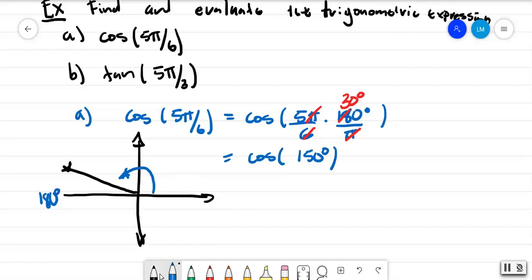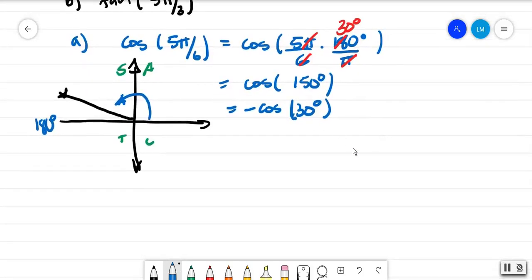So in this case, this is going to be equal to cosine of, so you take 180 minus 150, so that's going to be 30 degrees. But because it's in the second quadrant, so you have all students take calculus, that means that it's actually going to be negative.